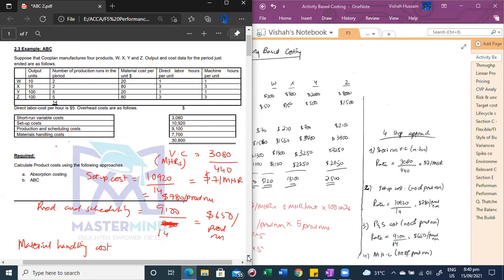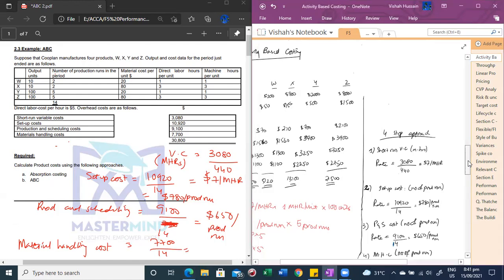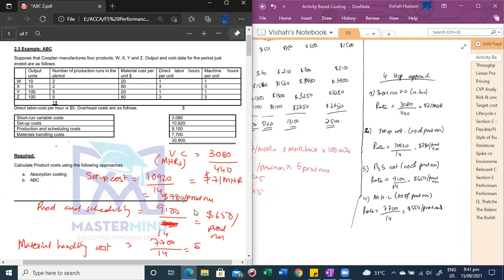So transferring the raw materials from stores department to the production department and then taking care of it throughout, in order to make sure that the raw materials condition does not deteriorate so that they can be properly used in production, is also related to number of production runs only, which is why you're going to divide it by 14 only. 7700 divided by 14, that would be 550 per production run.